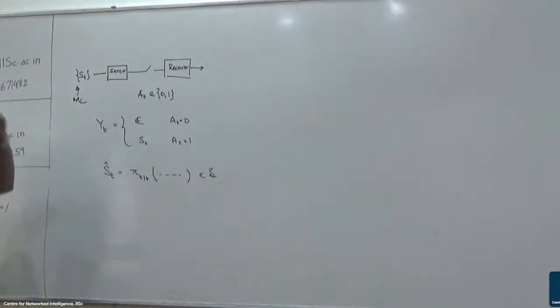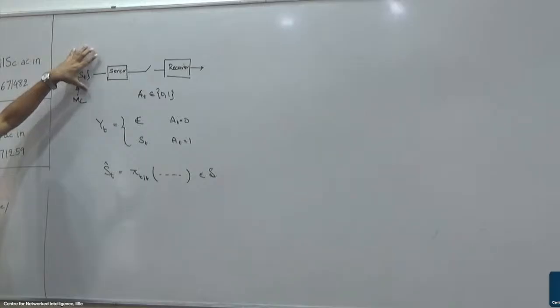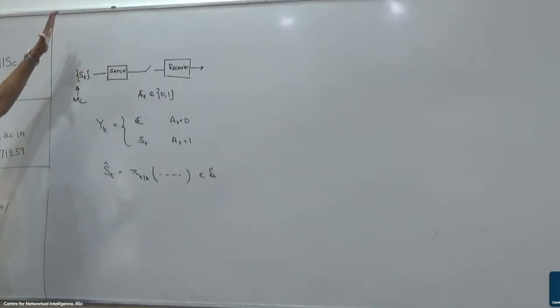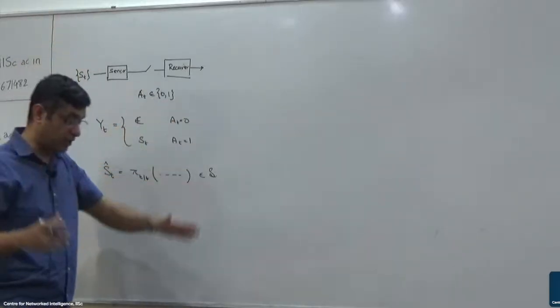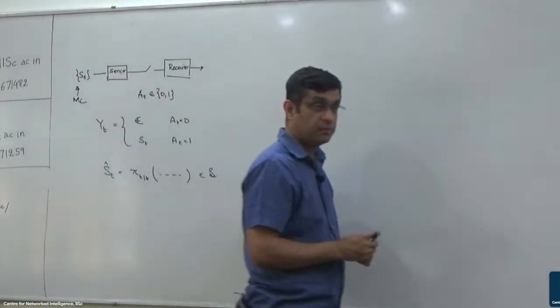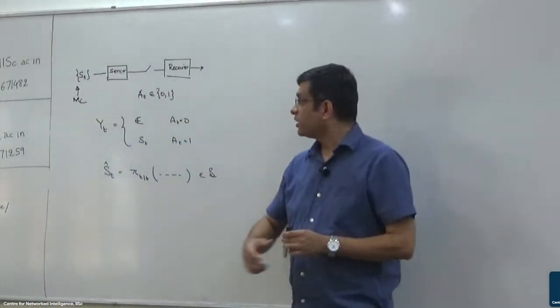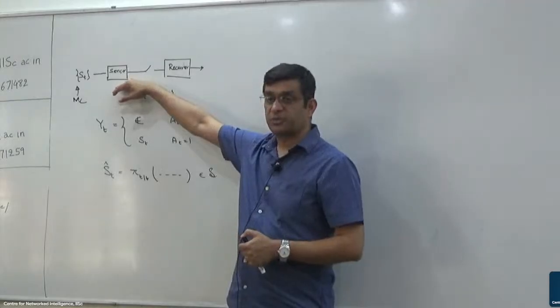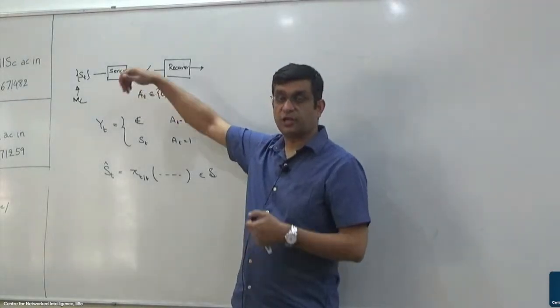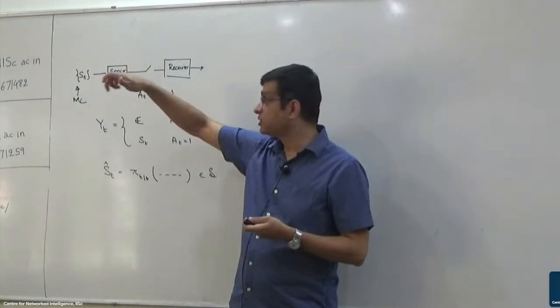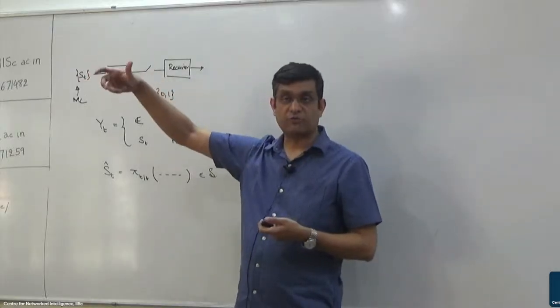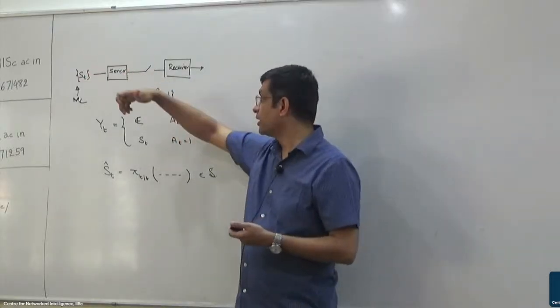So the idea is I'm trying to monitor something, right? Suppose I'm trying to monitor some temperature in an Arctic region. If I think of the power consumption of a sensor placed there, clearly I want to conserve power because I don't want to go too frequently to replace the battery in an Arctic region.